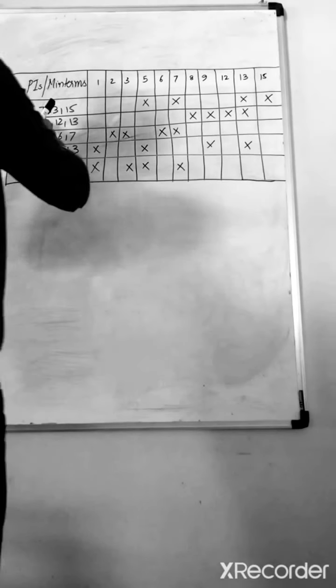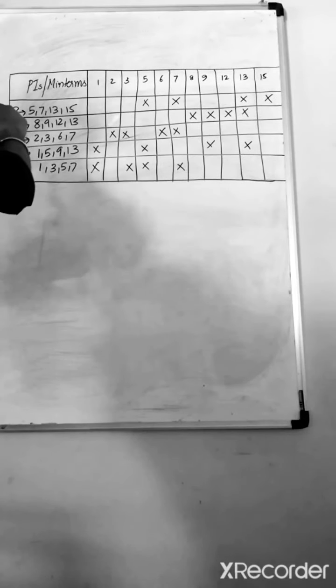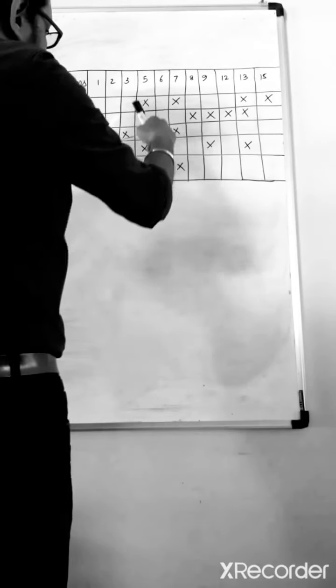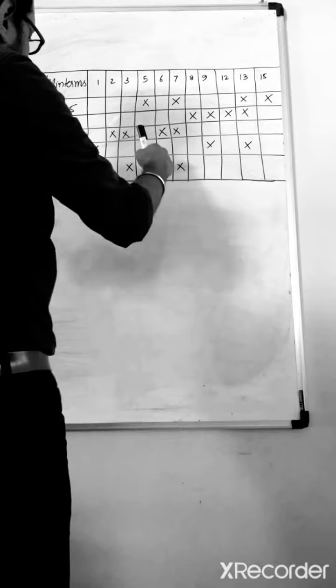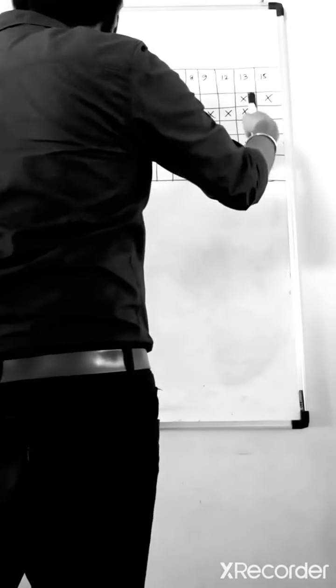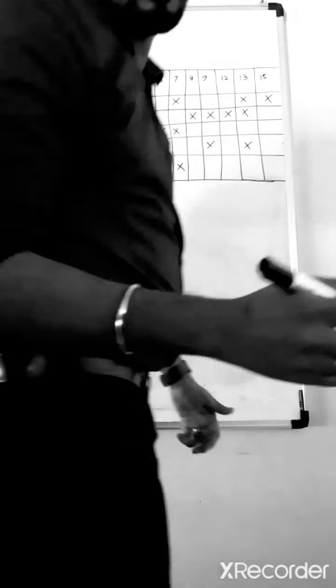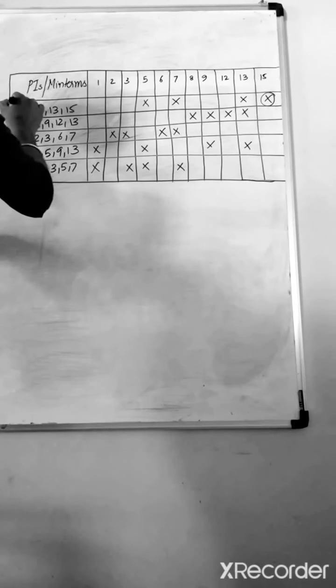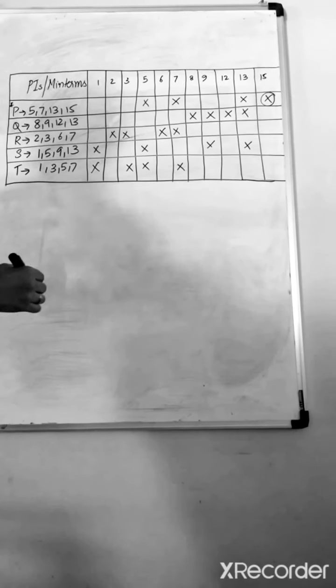So look at P. Value 5 is covered by more than one case, 7 is covered, 13 is covered, but 15, let me check, yeah, 15 is covered by only P. So P is an essential prime implicant, so I put a star there.